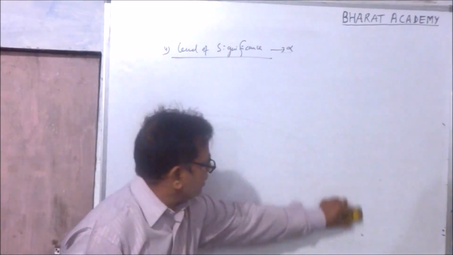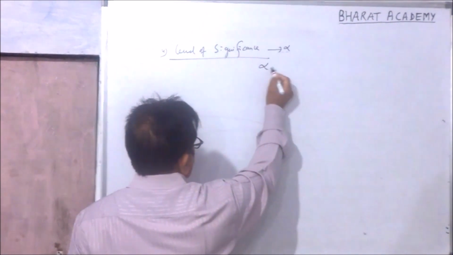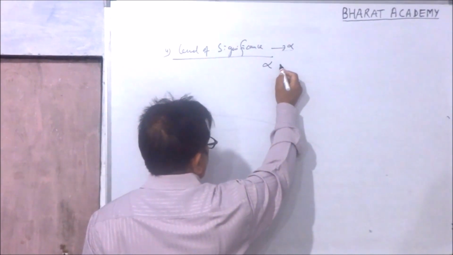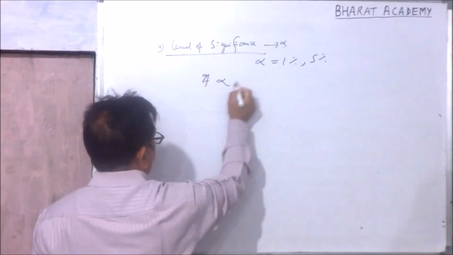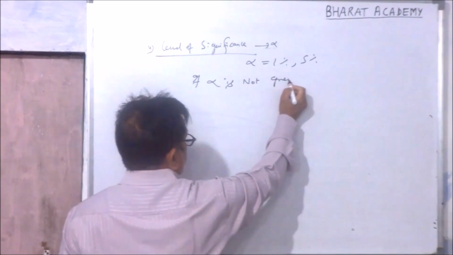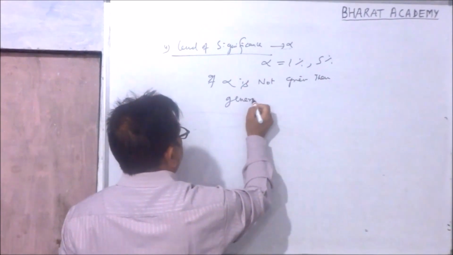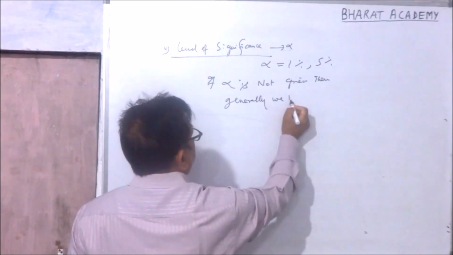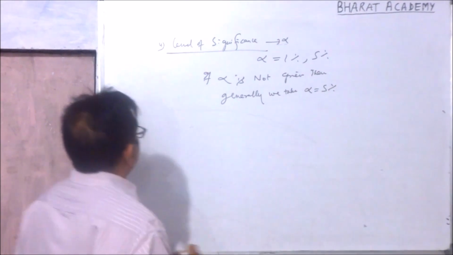We have to find level of significance in each test. Alpha is generally given as 1% or 5%. If alpha is not given, then generally we take alpha equal to 5%.